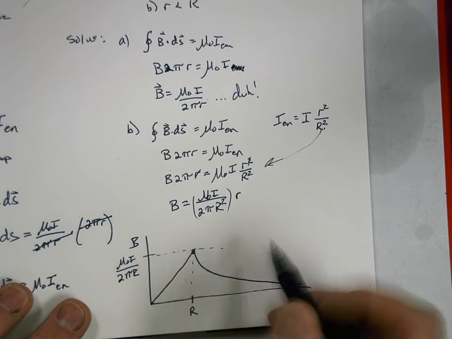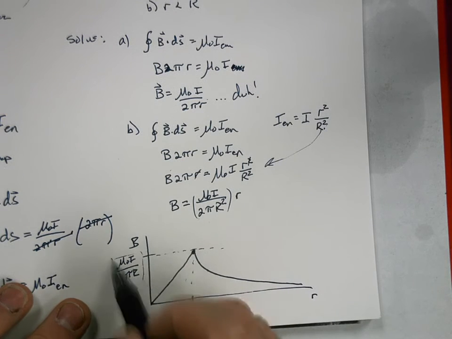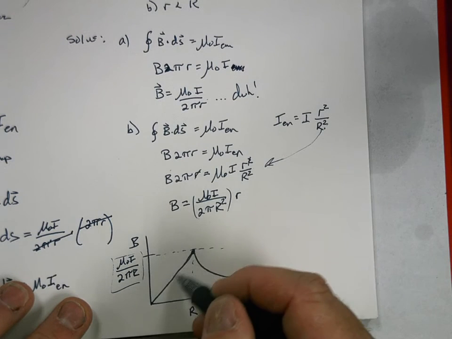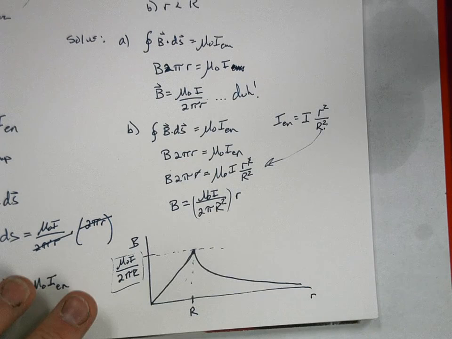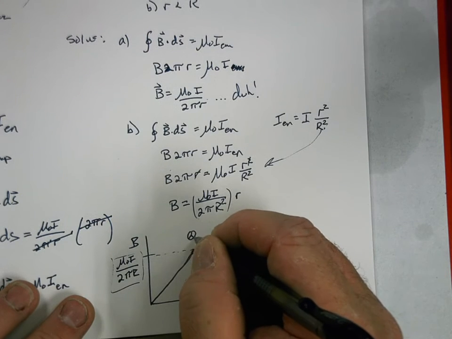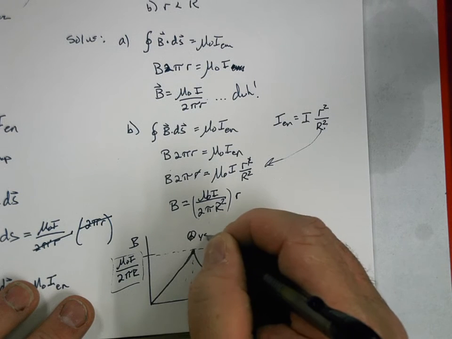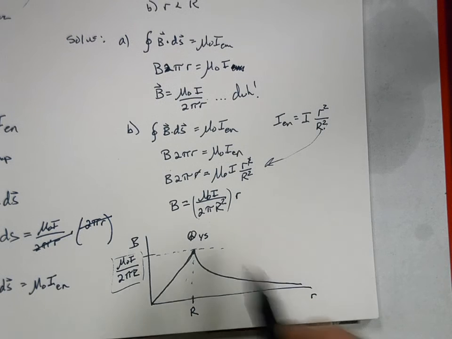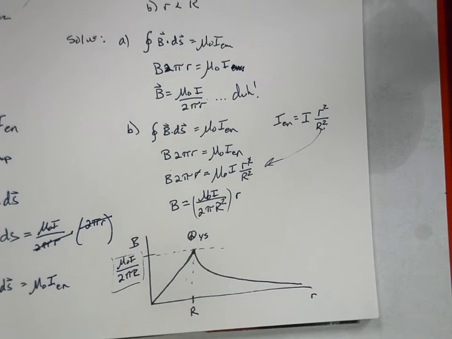It maximizes at mu naught I over 2 pi R. It's a piecewise function. And that is it for Ampere's law.